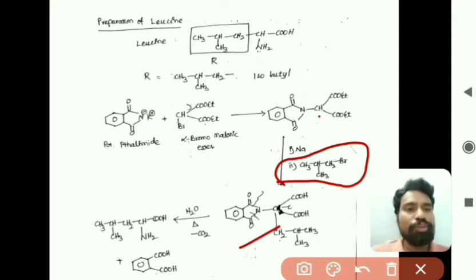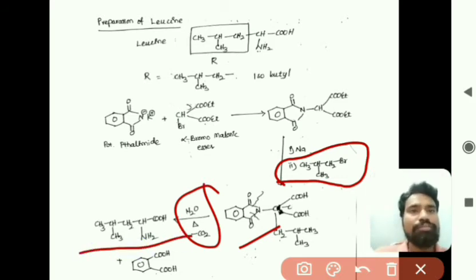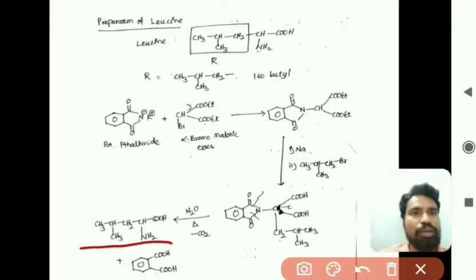So the isobutyl group is attached to the malonic ester carbon, then upon hydrolysis and heat you will get leucine and then CO2 and phthalic acid, right. So with this leucine is prepared. This is the preparation of leucine through the phthalimido malonic ester synthesis.